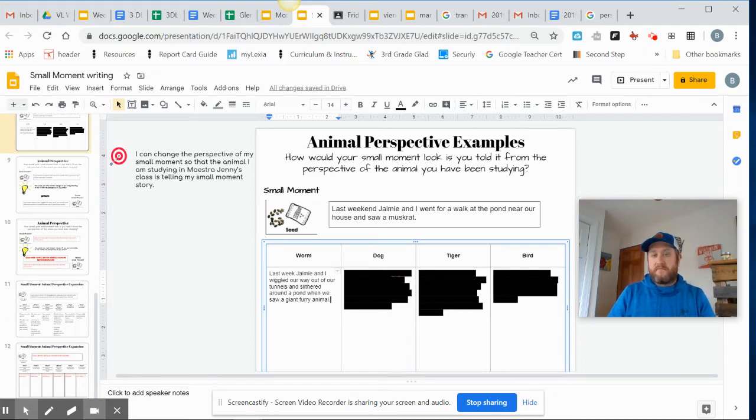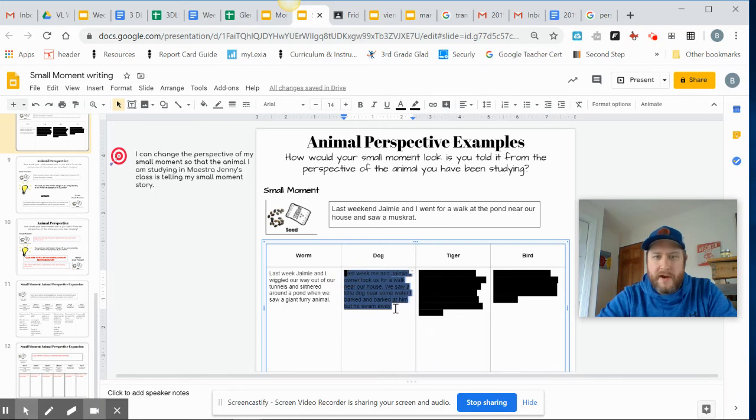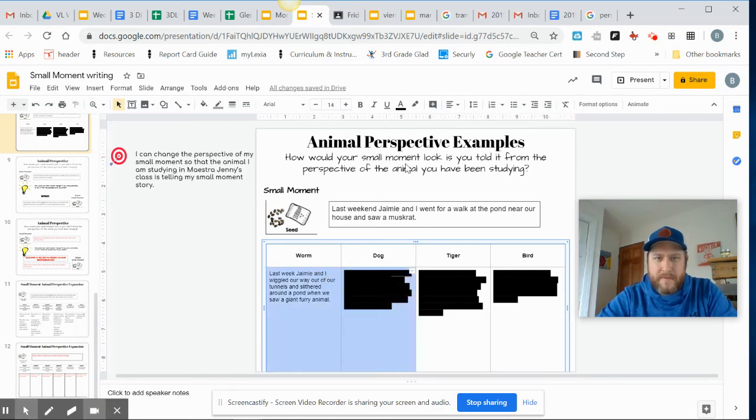Maybe it thinks it's another dog. Maybe it just thinks it's an animal and it has to get it. So if I'm telling the same story about Jamie and I walking around the pond, here's what it might sound like if I was telling it from a dog's perspective.